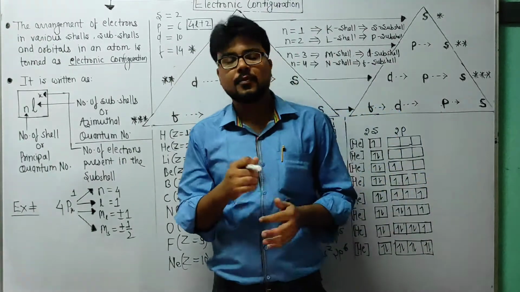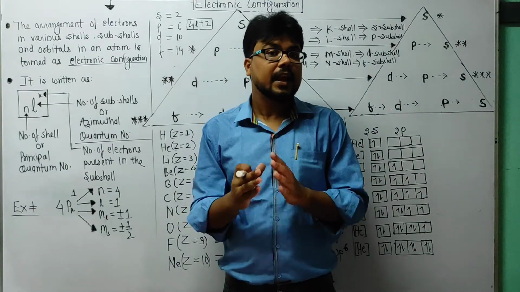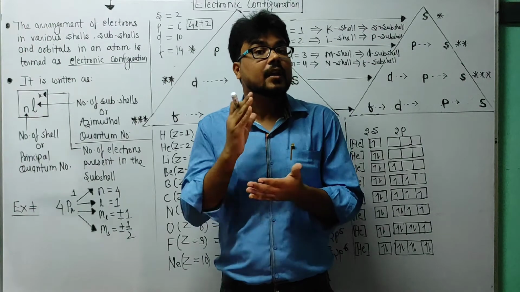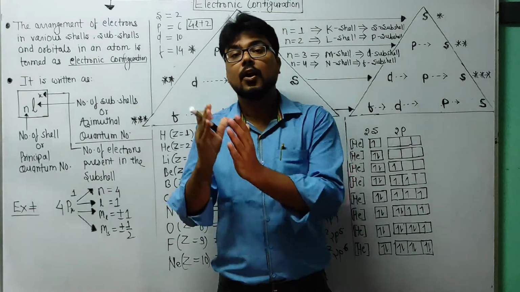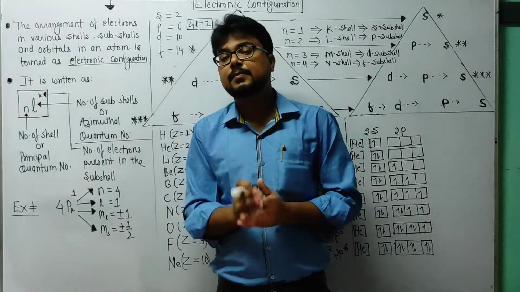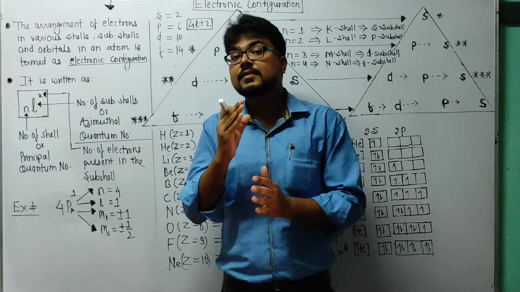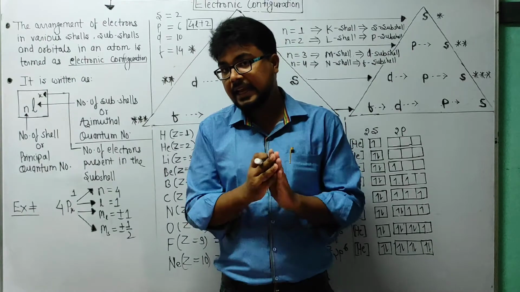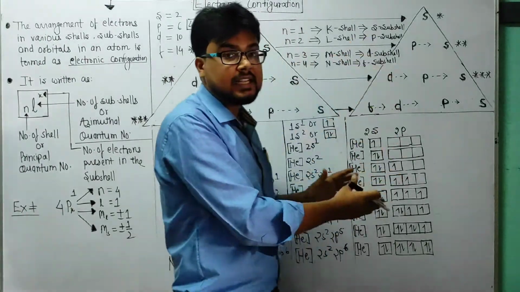Here on this platform, we will learn how we can frame the electronic configuration, meaning the filling of electrons in various subshells, using an important trick like the pyramidal structure.